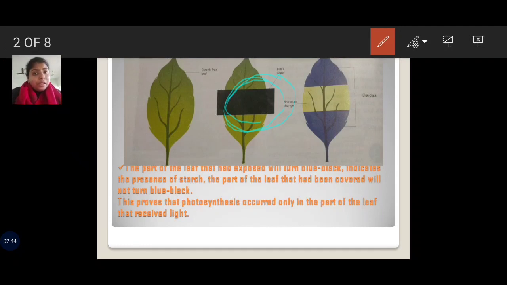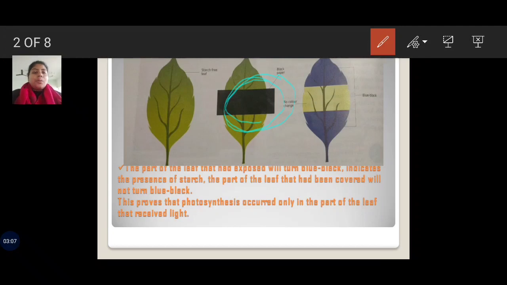That means the intensity of light, the exposure of light, affects the rate of photosynthesis. So you have to be very careful that your potted plant gets the exposure of the sunlight properly, especially during the afternoon.